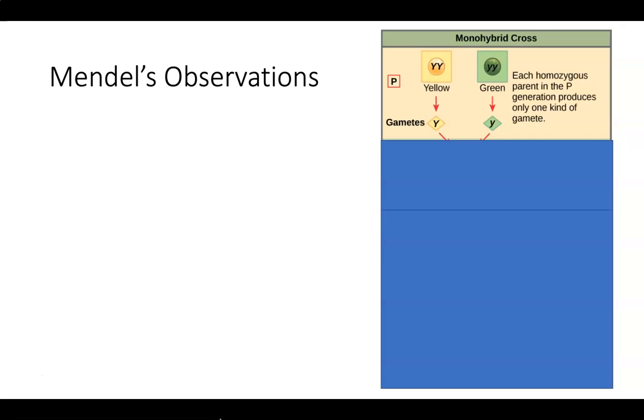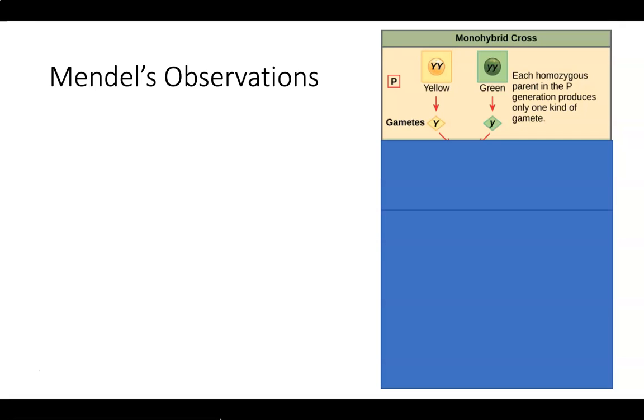So then more on Mendel's observations. This time, instead of looking at flower color, we're looking at the peas themselves, the pea color in this case, yellow and green. So we're looking at the P0 generation, the parental generation, and we've got true breeding strains again with yellow peas versus green peas, green being recessive.